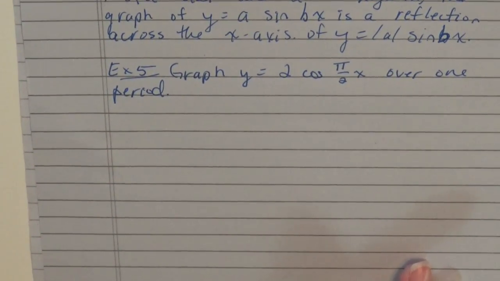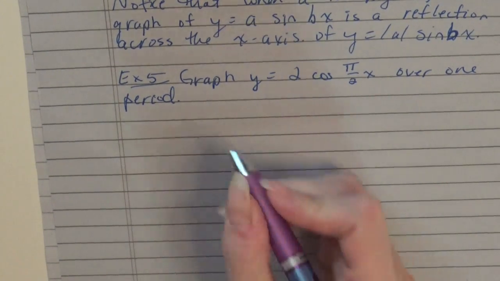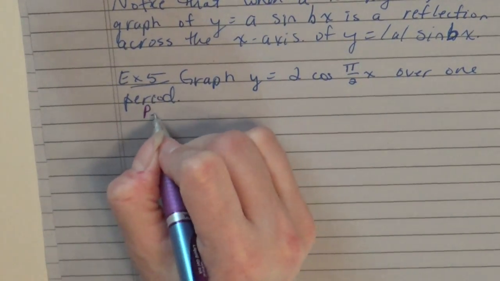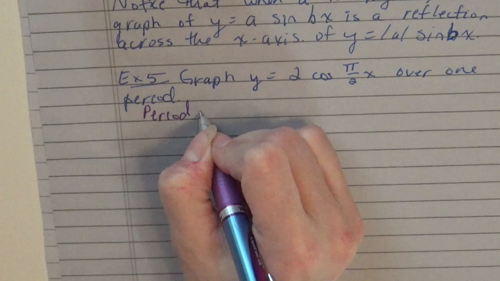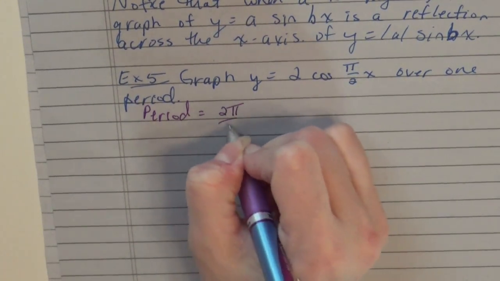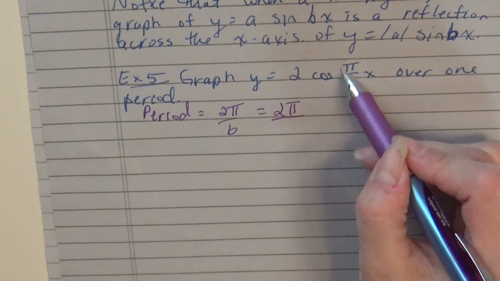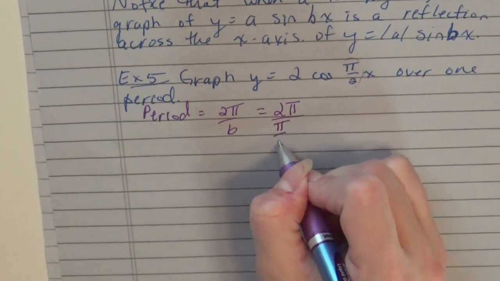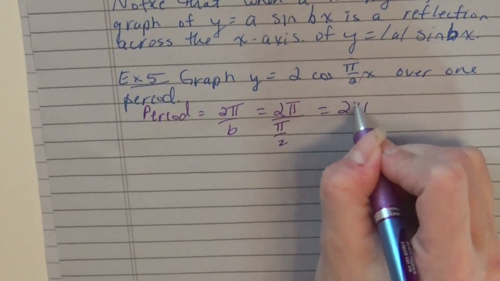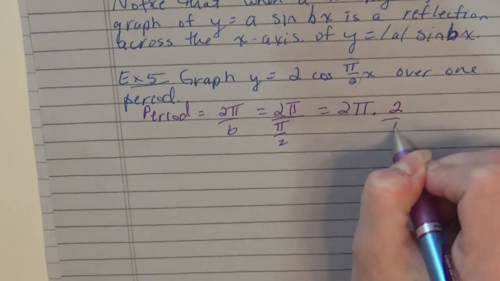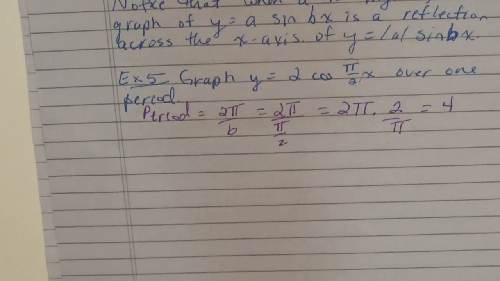Okay, so we first have to determine what our period is going to be. To get our period, we're going to do 2 pi over b. So that would be 2 pi over pi over 2. So that's 2 pi times 2 over pi, which is 4. So period is 4.